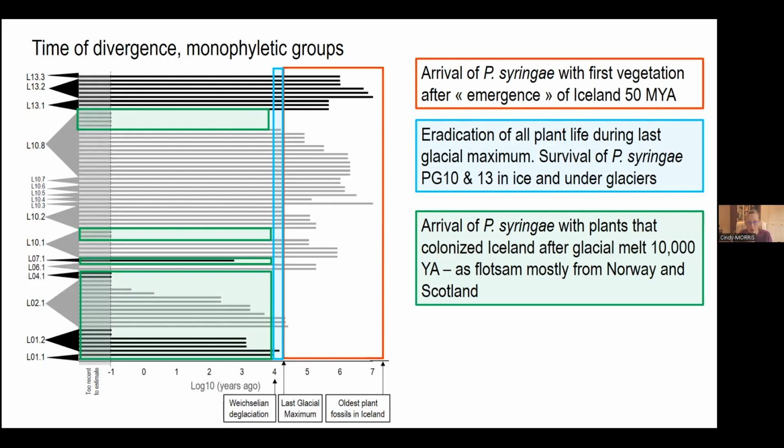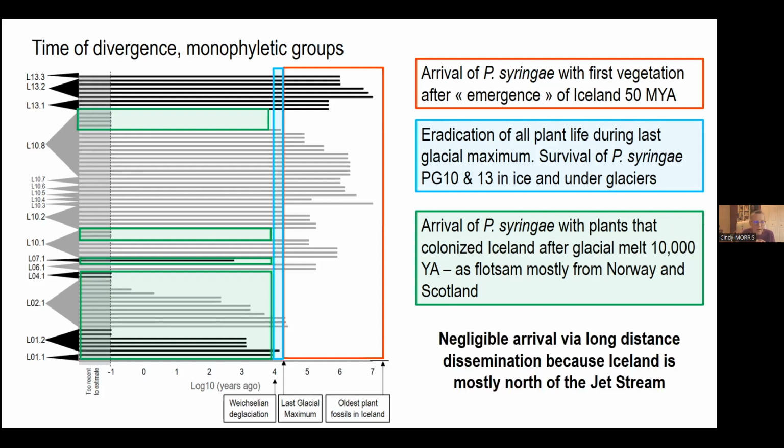Today, 80% of the plants in Iceland have counterparts in Norway, and about 65% have counterparts in Scotland. So those plants from those places recolonized. Maybe they had Pseudomonas syringae on them, and they came over, but they're still separate. And since then they've been evolving.